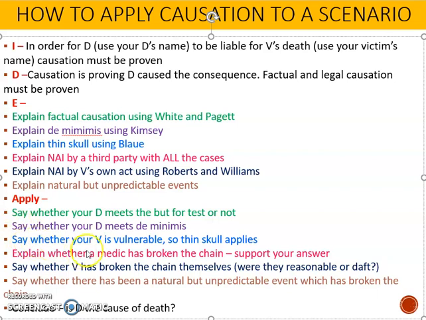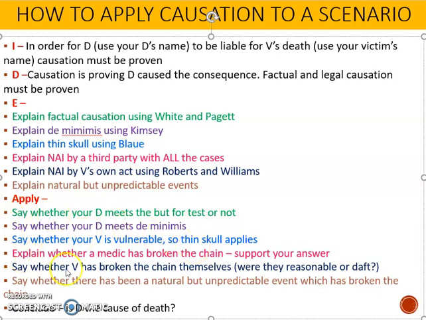You'd then go on to Blau, talking about or applying Blau. So you'd say, in this particular case, Sarah does have a pre-existing blood clotting problem, which has made her more vulnerable, but Charlotte isn't going to be able to blame this on Sarah and say that that's the true cause of death, because she's got to take Sarah as she finds her, following Blau.